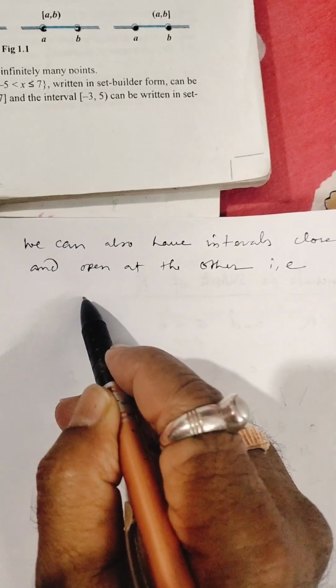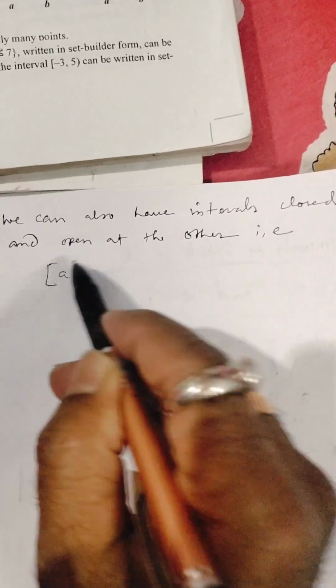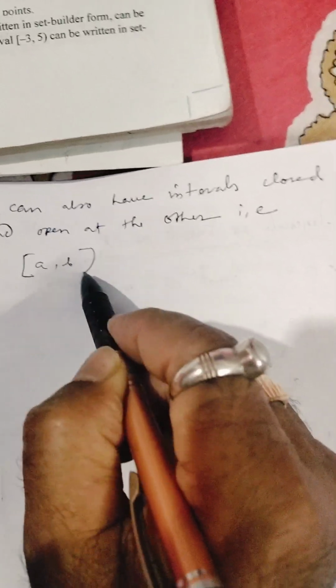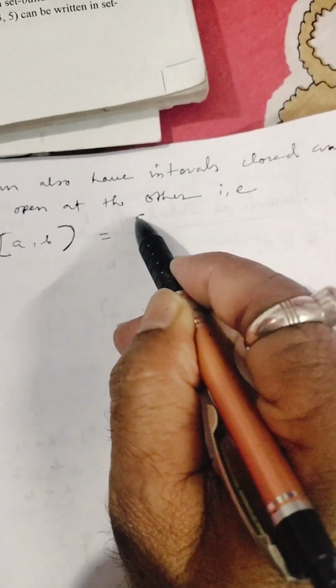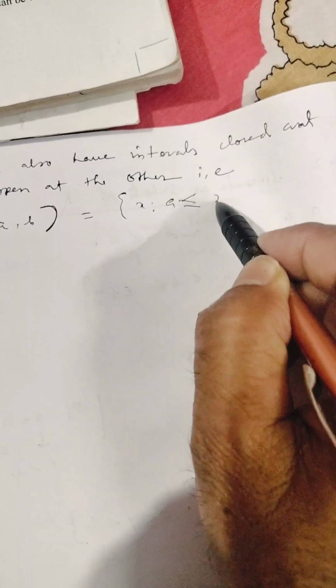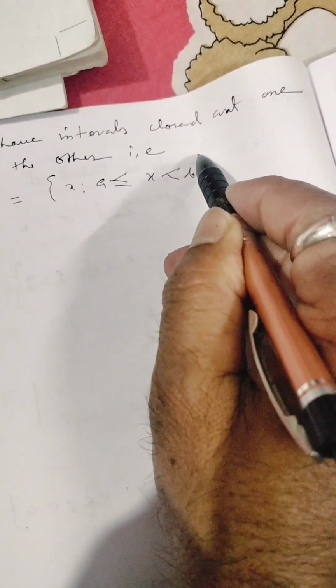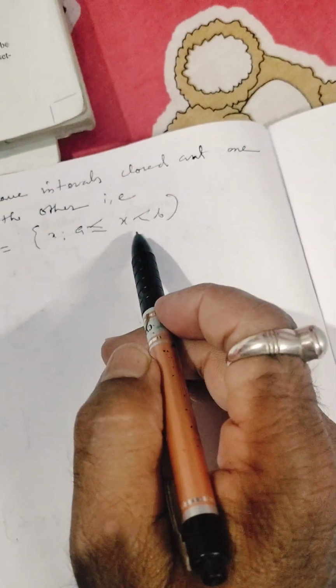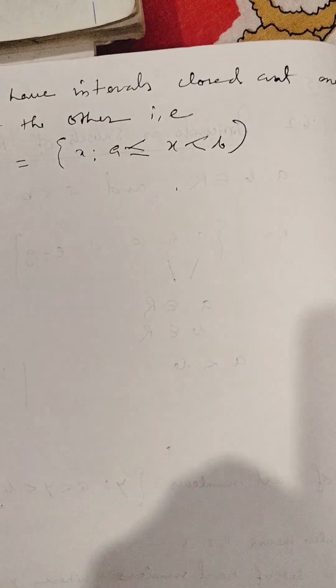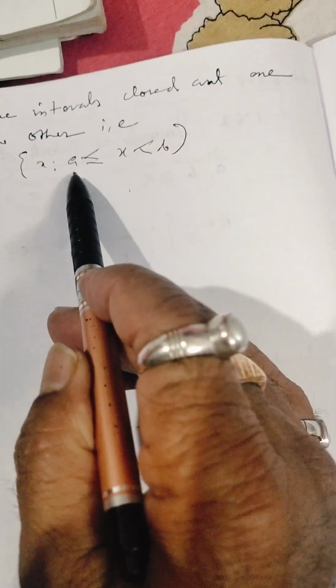The example is [A, B) = {x : A ≤ x < B}. It is an interval from A to B, including A but excluding B.